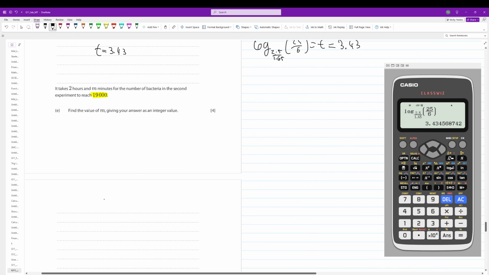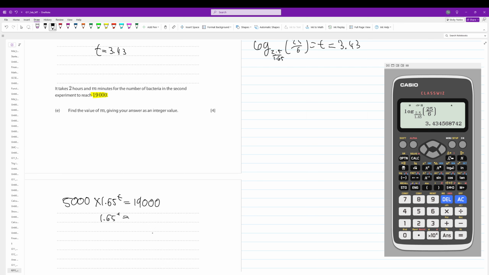I'm going to start by just making them equal to each other. 5,000 multiplied by 1.65^t is equal to 19,000, which means 1.65^t is equal to 19,000 divided by 5,000, 19 over 5, which means that t is going to be log base 1.65 of 19 over 5.